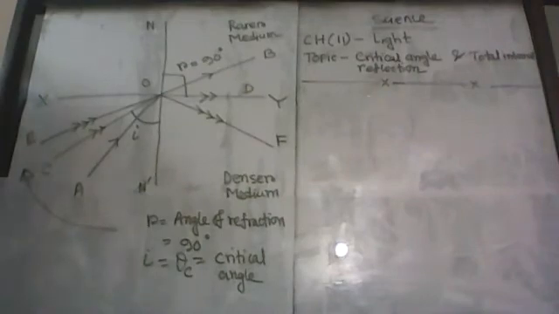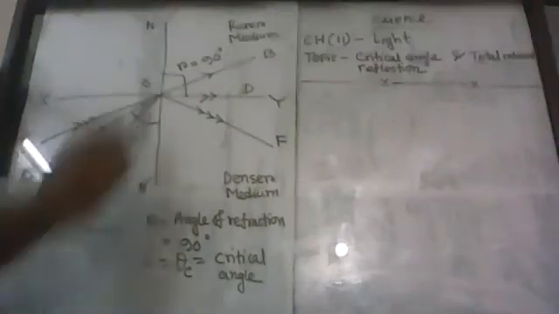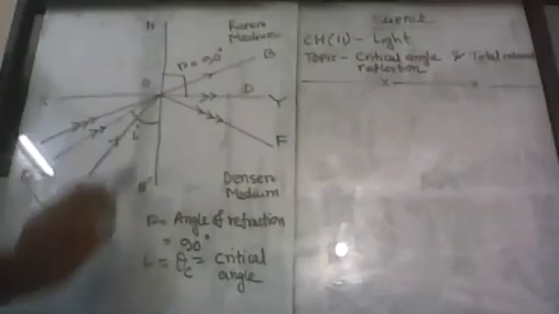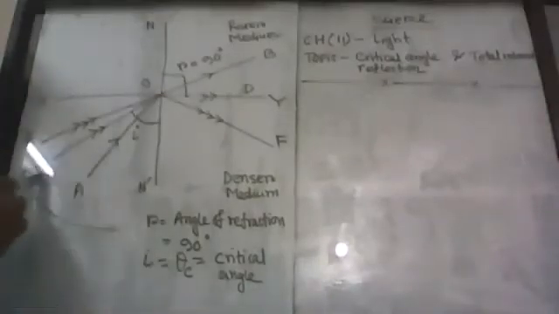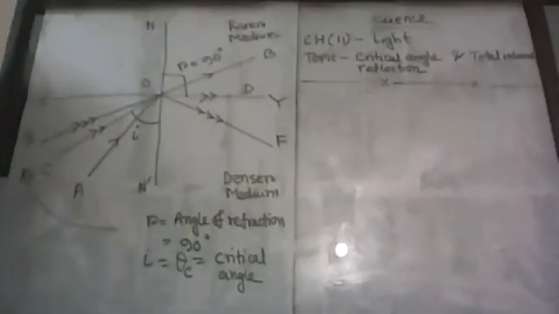In between this critical angle, the ray of light shows refraction of light. But beyond that particular angle, the ray of light doesn't show refraction. Suppose theta C prime. In between this theta C prime, only the ray of light can show refraction of light.